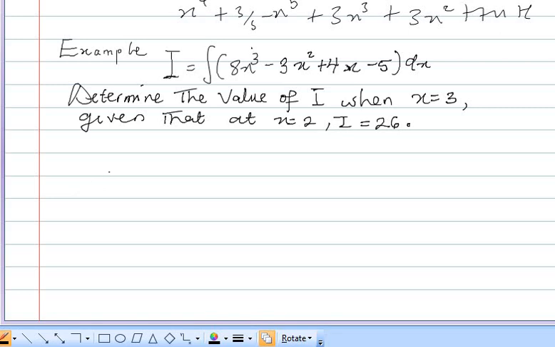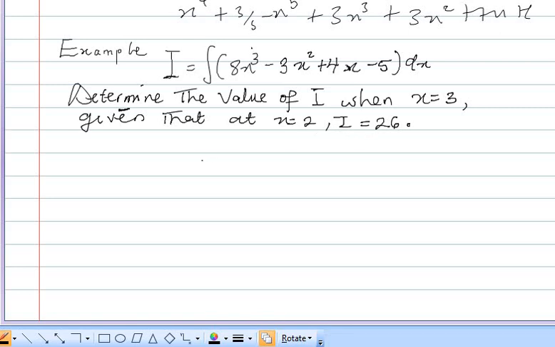Another question is given: if I is equal to the integral of x raised to the power of 3 minus 3x squared plus 4x minus 5 dx, determine the value of I when x is equal to 3, given that at x equal to 2, I is equal to 26.